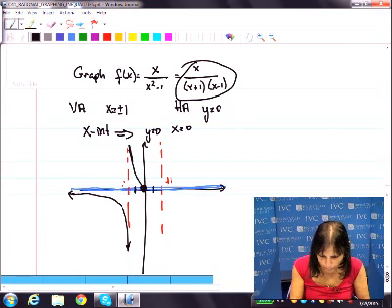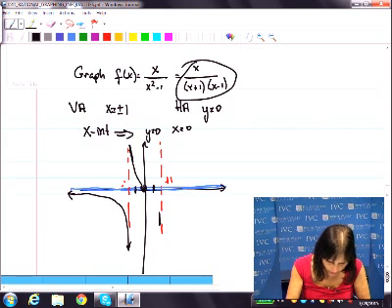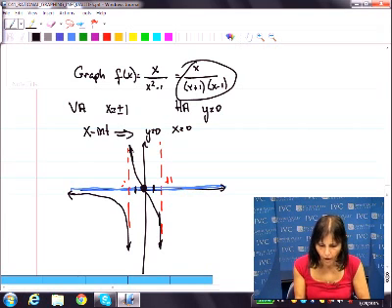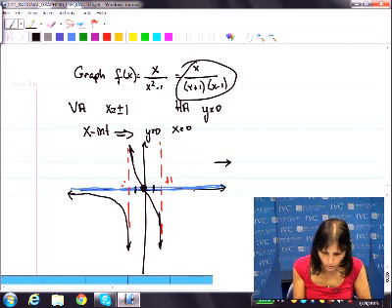When you put in positive 0.5, you're going to get a positive number. So it's going to have to come here. So this is what it's going to have to do. Alright, what will it do when you have a very, very large number? You're going to get a positive number, and I'm looking at the leading coefficients.